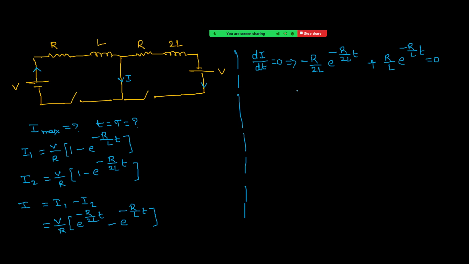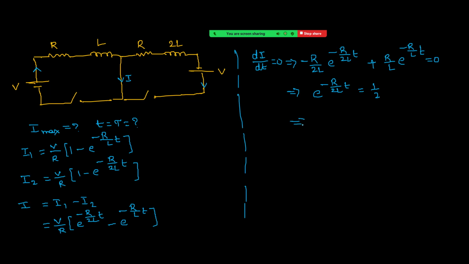Now simplify this. So if you simplify this, we are going to get e power minus R by 2L into t is equal to half.